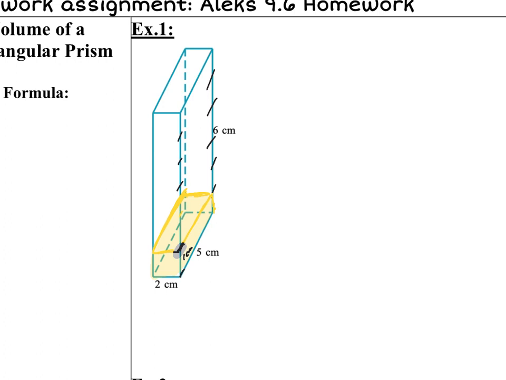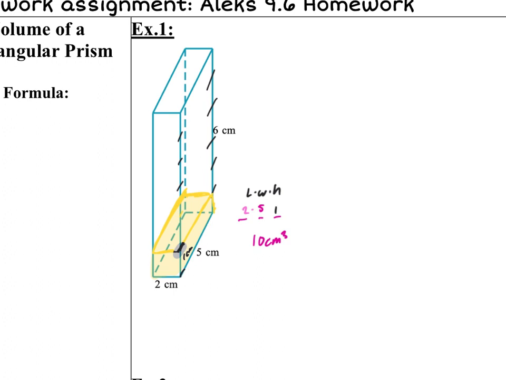So if we're finding the volume of that one layer, it's going to be the length times the width times the height. Now in that one, the height is 1, but the length is 2 centimeters and the width is 5 centimeters. So that one layer is 10 centimeters cubed because it's three-dimensional.